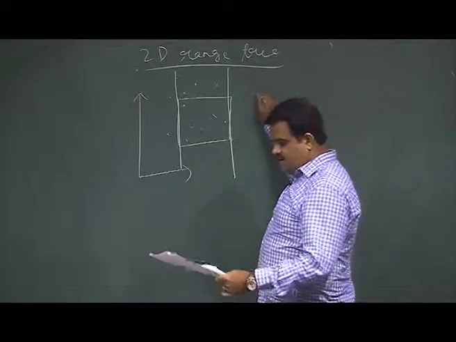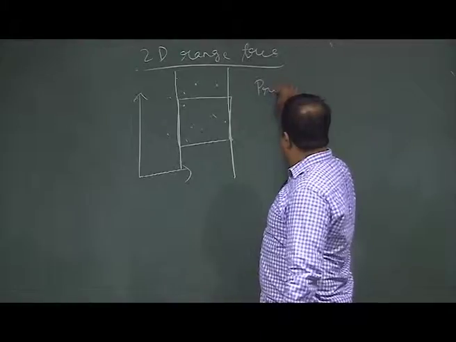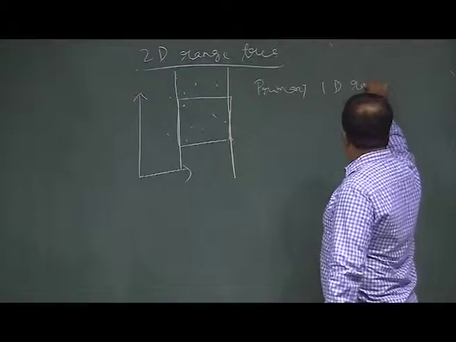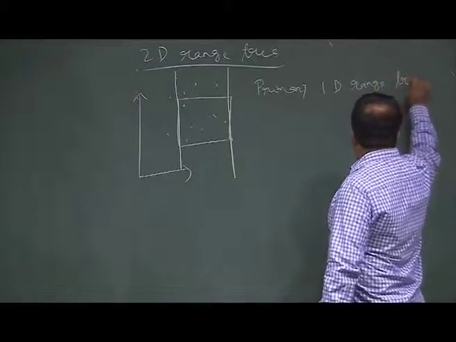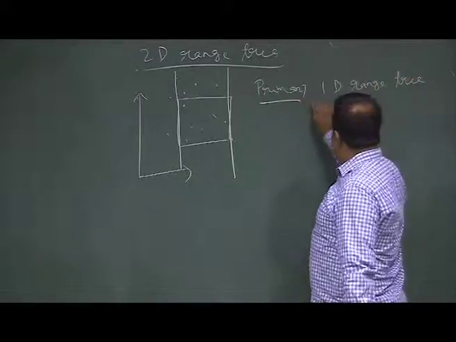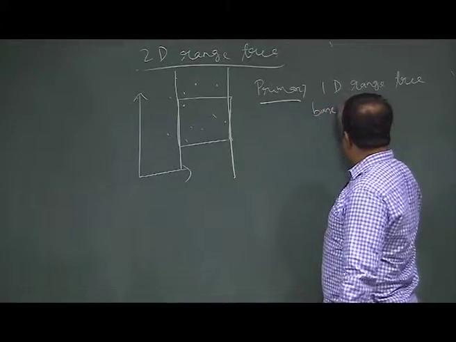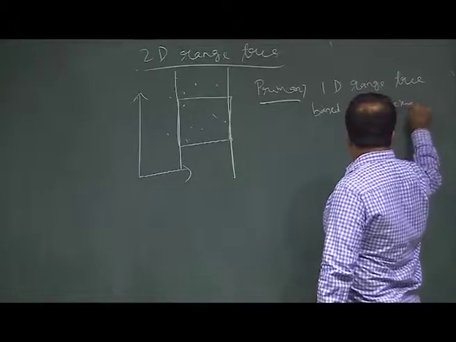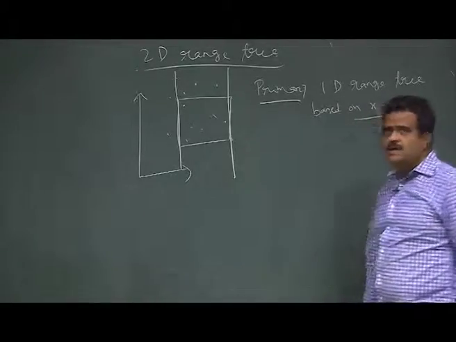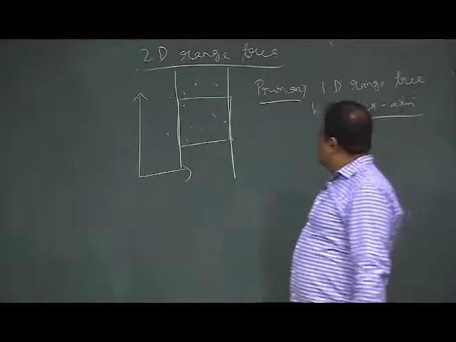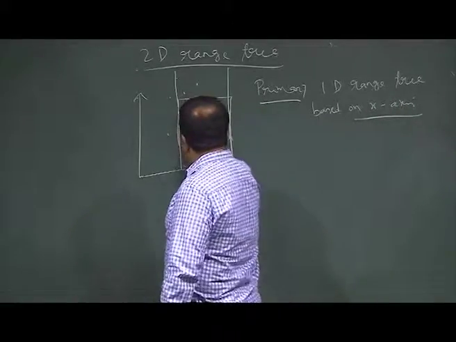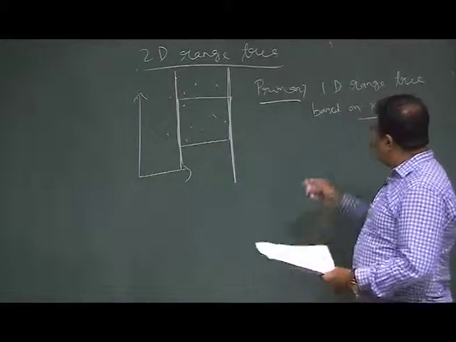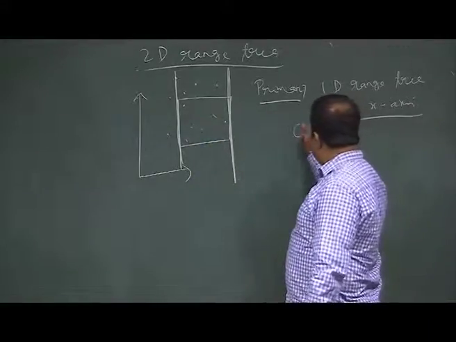That is the primary tree, the primary 1D range tree based on the x axis value. Now, if we give the interval query, then on that we will just do this query. We start with the root.